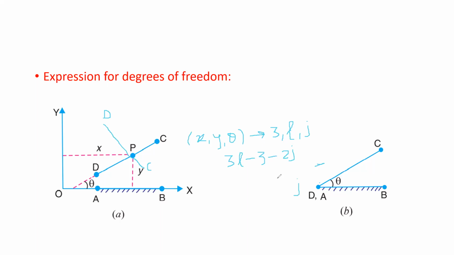So a sliding joint is a joint with single degree of freedom. But sometimes we come across joints which have double degree of freedom, meaning that at such a connection between two links, two kinds of motion are possible.